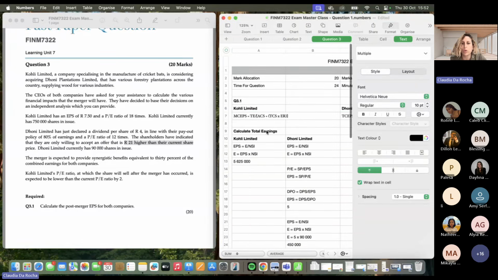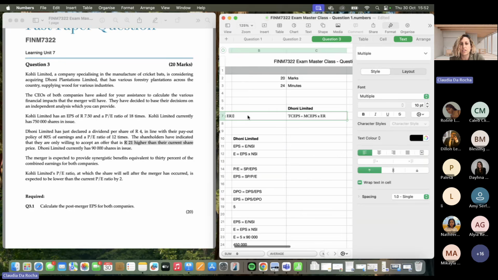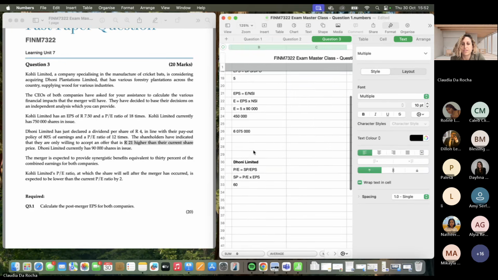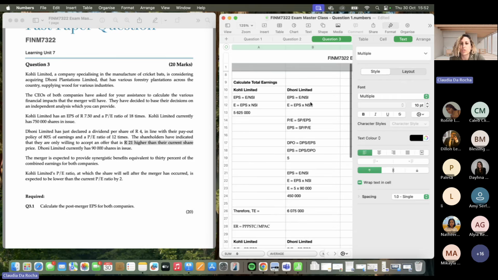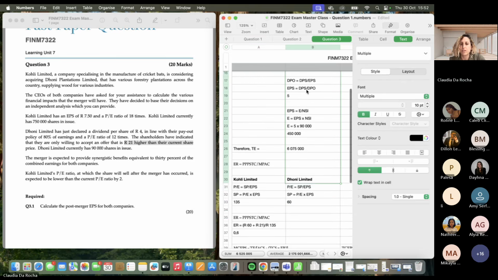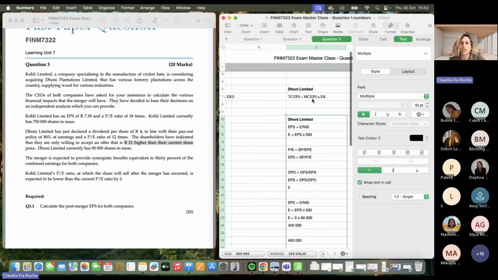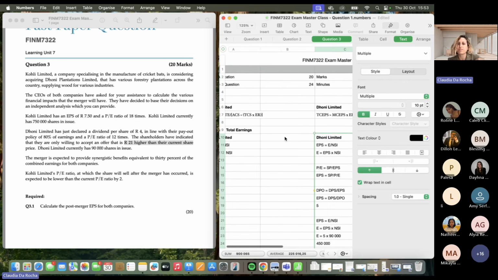Remember the whole point was to do these two calcs. It's all in the Donny column.